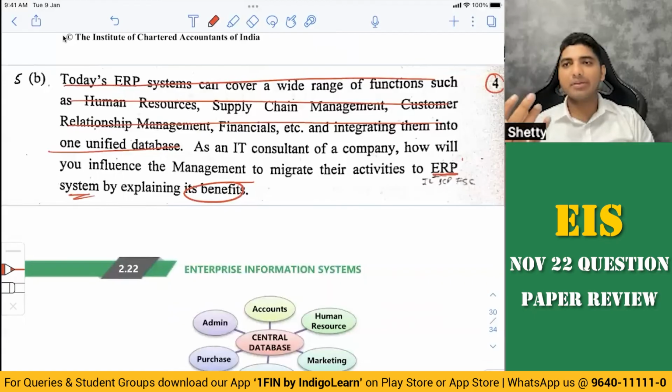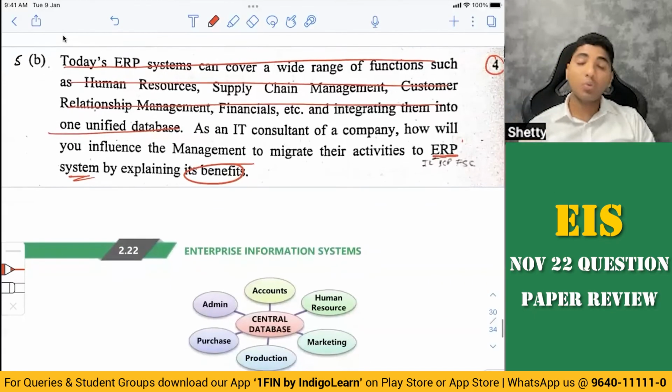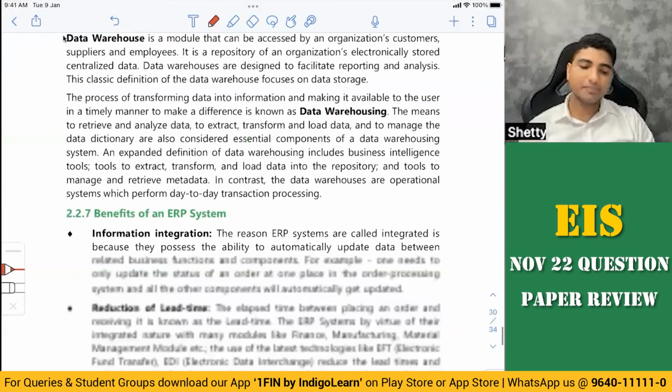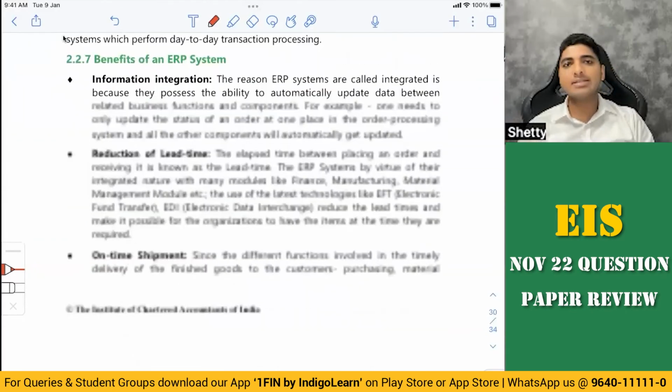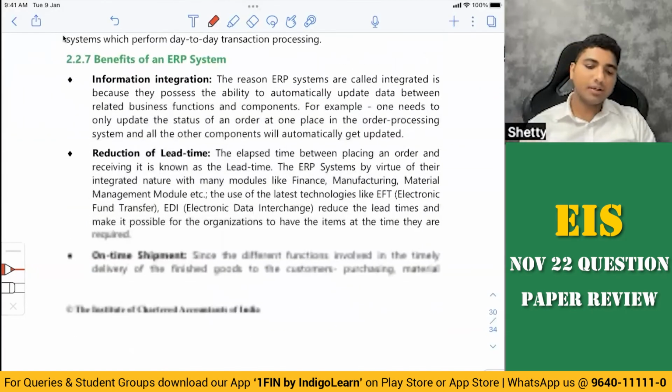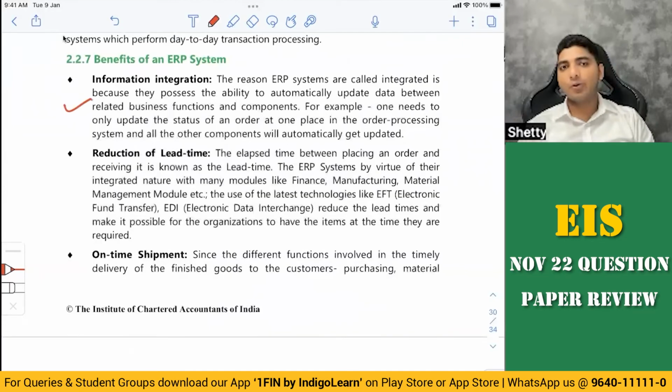Put together, it becomes one ERP. So what are the benefits of it? The first benefit is the integration of information. You don't have to enter the same information again and again. Once you enter some information in your inventory, it will automatically get updated in your accounting software also.